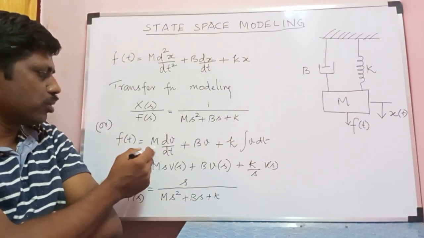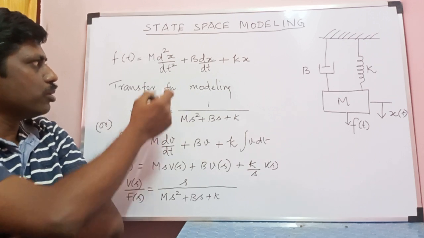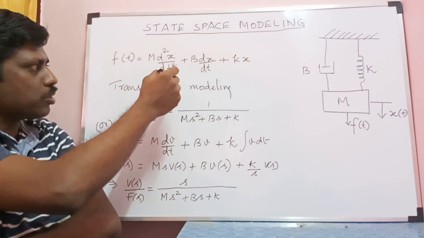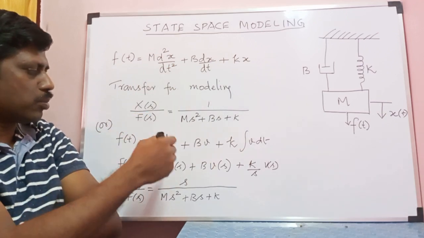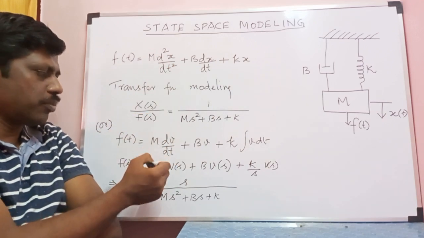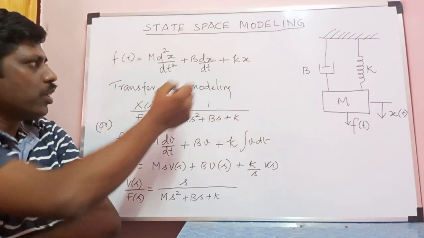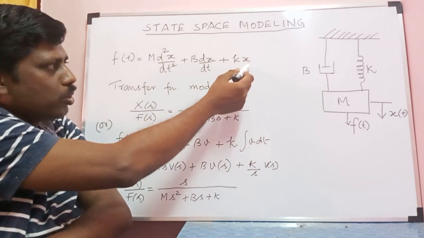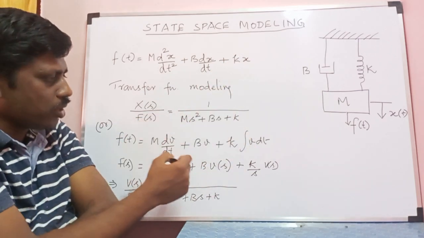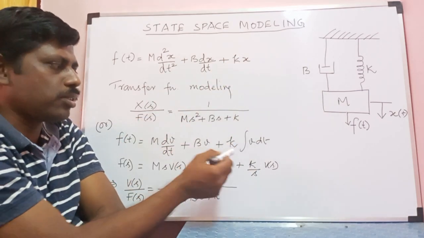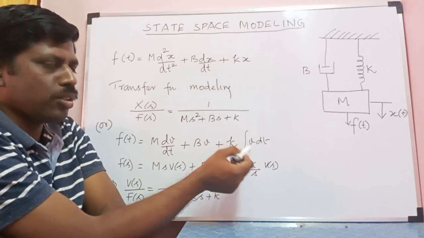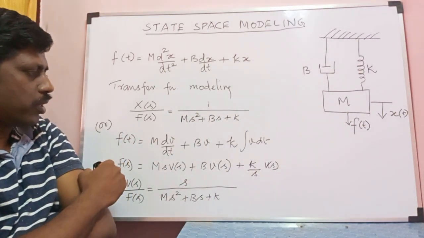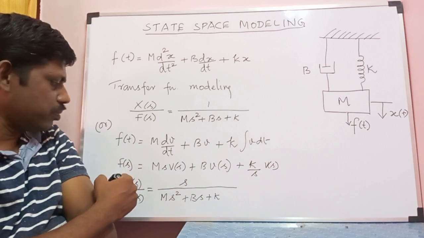See, f of t is equal to m into d square x by dt square, which is d by dt of dx by dt. That dx by dt is nothing but the velocity, so I have taken it as dv by dt. And of course, dx by dt is v, so b times v. And if you want to get x from velocity, you have to integrate velocity with respect to time, so k times the displacement, which is obtained as an integration of velocity.